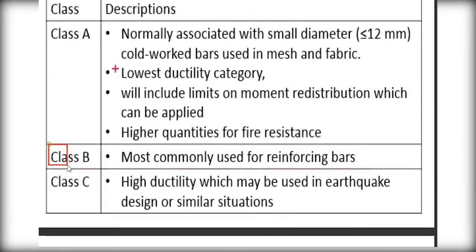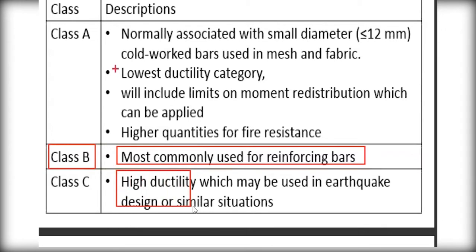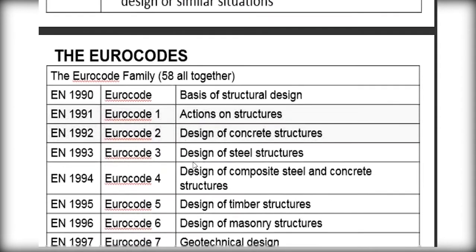Also there is class B, mostly commonly used as a reinforcing bar. Also there is class C, which has high ductility, so it can withstand even earthquakes. So it depends on the nature and the area where you design.